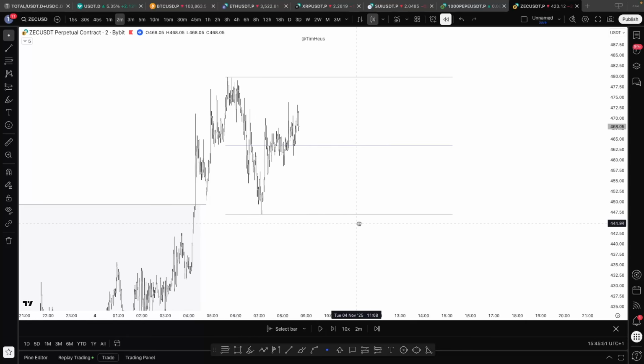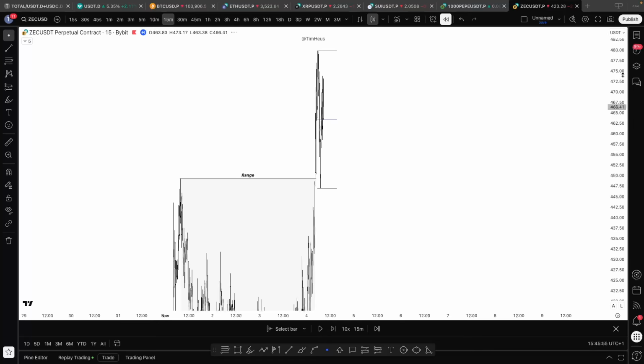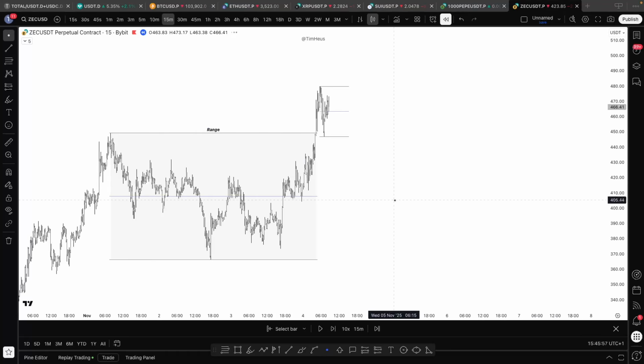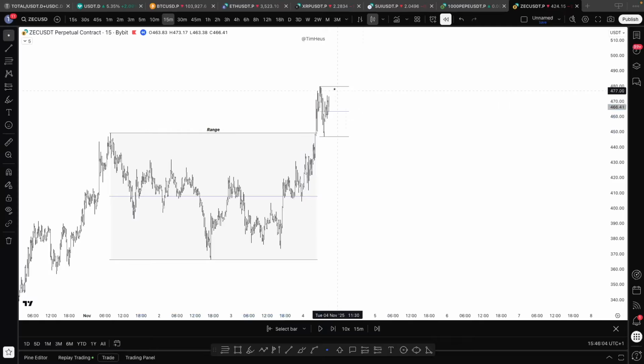So I look for an internal model, or I look for a deviation of the high, and I look for some time displacement, because this is a range of already 2 days and 19 hours. The manipulation phase needs to be at least 13 hours ish, at least, no, it has to look good.